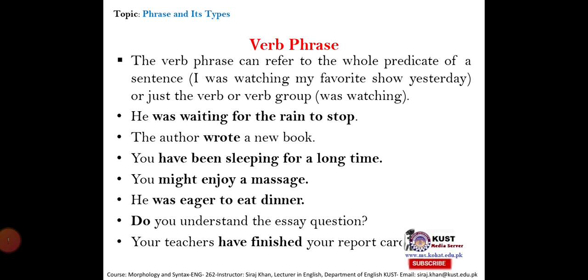Your teachers have finished. In this case, there will usually be a helping verb in addition to the verb, like have finished. Or you can have other examples, like the shoes don't fit his feet, or I should ask the director his opinion. We aren't allowed to go in there.